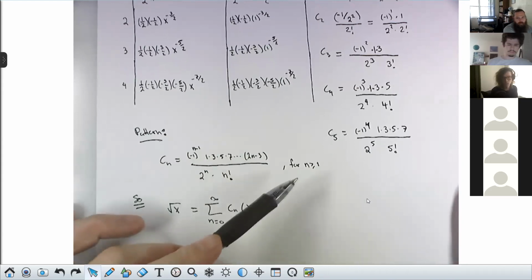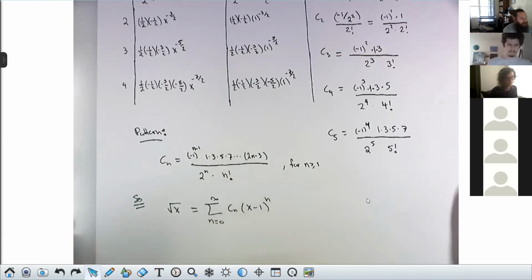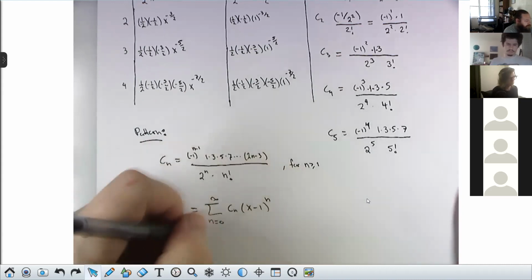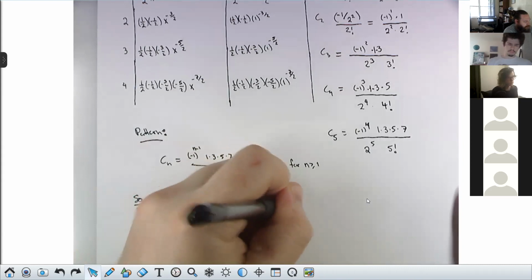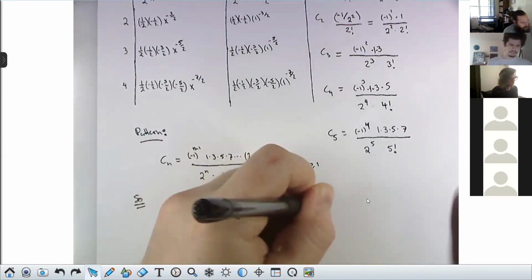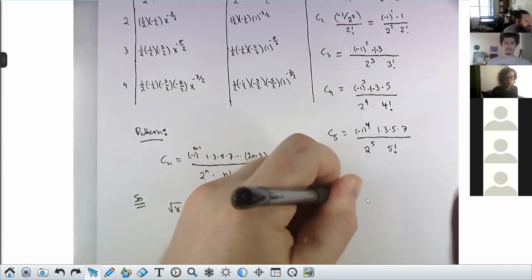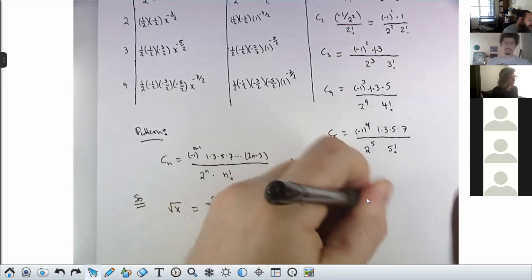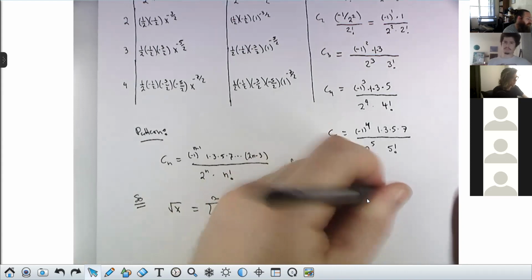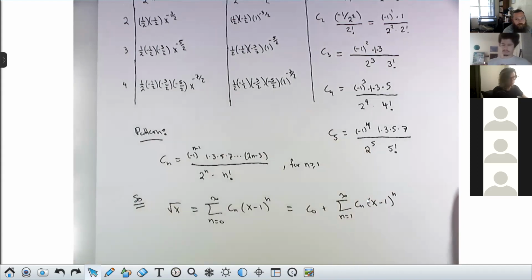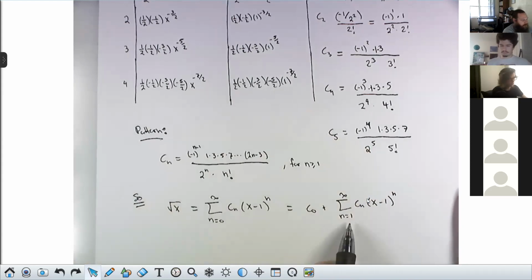But this thing only works if n is greater than or equal to 1. So you got to pull out the n equals 0 term. That's C0 plus sigma n from 1 to infinity Cn x minus 1 to the n. And now the series is just showing the indices that we're happy with.